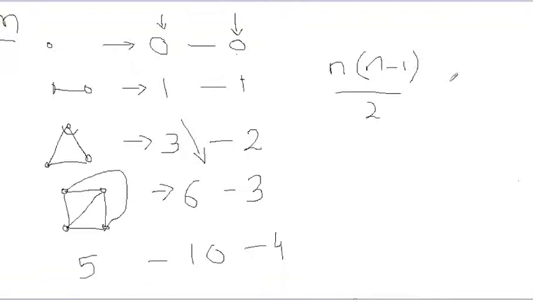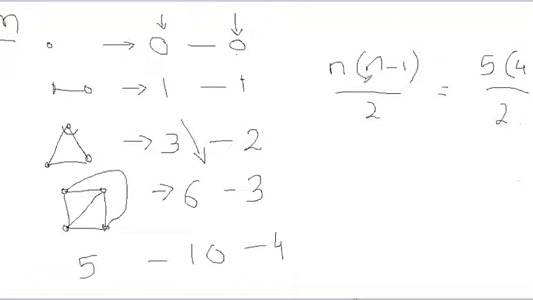Let us say you have 5 nodes, or 5 devices. So 5 into 5 minus 1, that is 4, divided by 2, so 5 into 4 is 20, divided by 2, equals 10. So you can see, if the number of nodes is 5, then you'll be requiring 10 transmission media.